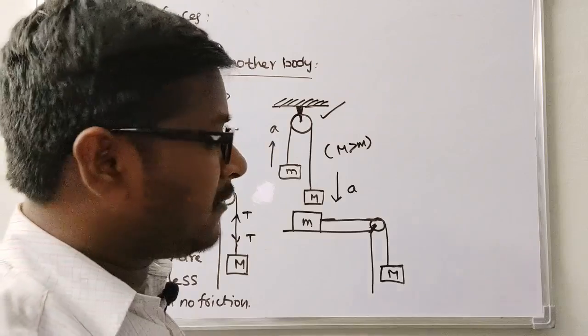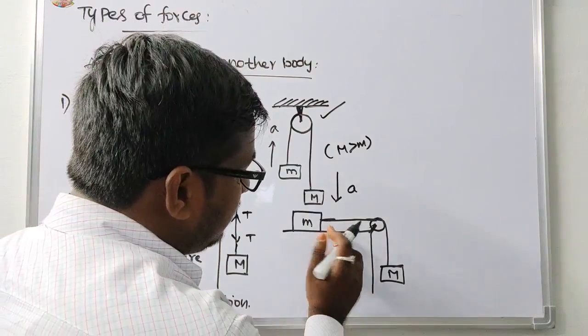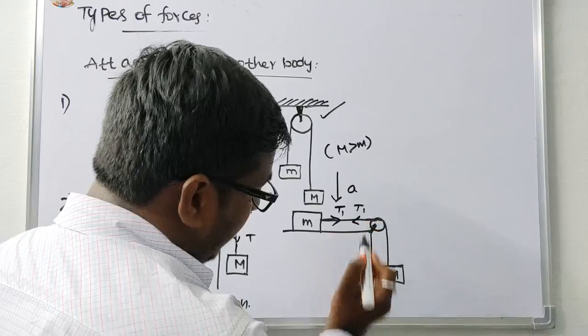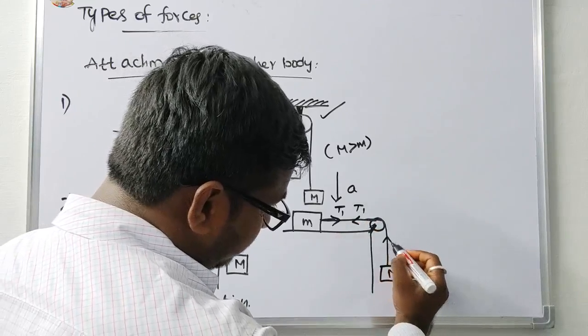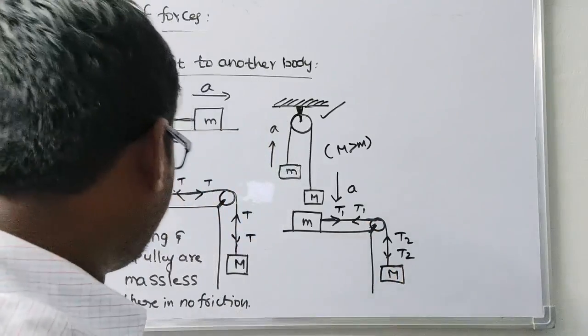Two types of tensional forces are acting: T1 on one body and T2 on the second body.